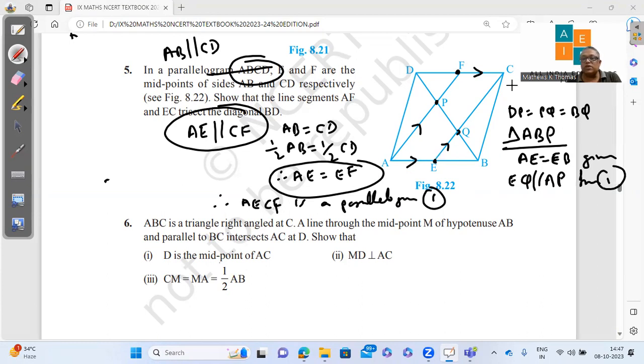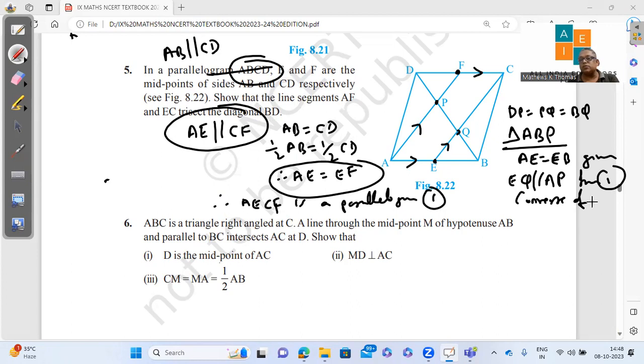Because we have proved that AECF is a parallelogram, opposite sides are parallel. So if this is the midpoint, then this will also be the midpoint. We are using the converse of the midpoint theorem here. Without proving this parallelogram, we cannot say this is parallel, because nowhere in the question is it given.